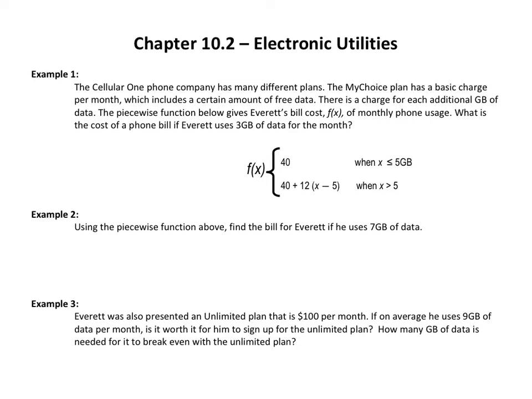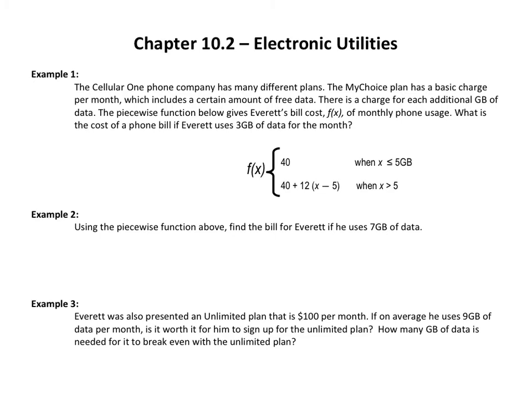So what happens is you might buy a plan, like for example in number one, the $40. That $40 is your base price for the plan, and it comes with 5 gigabytes. So what this piecewise function is telling you is that it is $40 if you use less than or equal to 5 gigabytes.